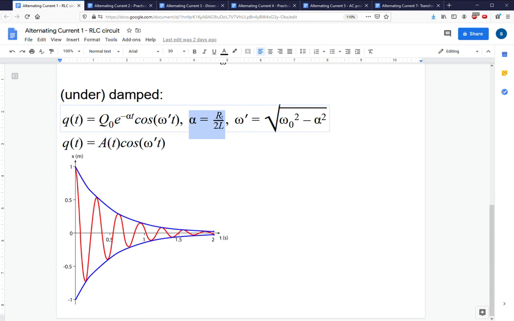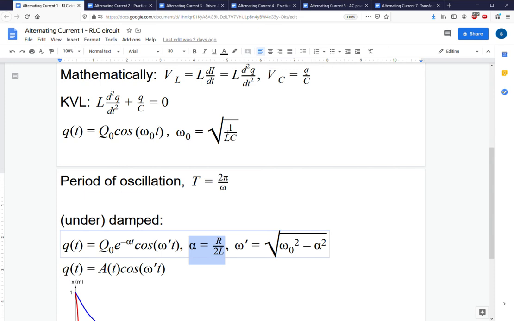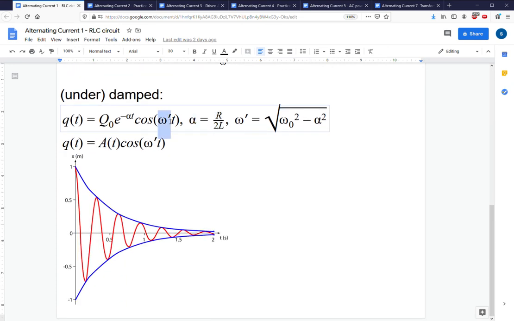R is the resistance of the resistor, L is the inductance of the inductor. And instead of oscillating with this omega naught that we found up here, we oscillate at an angular rate of omega prime, which is given by this formula right here. This does seem like a lot of math, but it's not too terribly difficult, and we'll do a couple of problems on this.